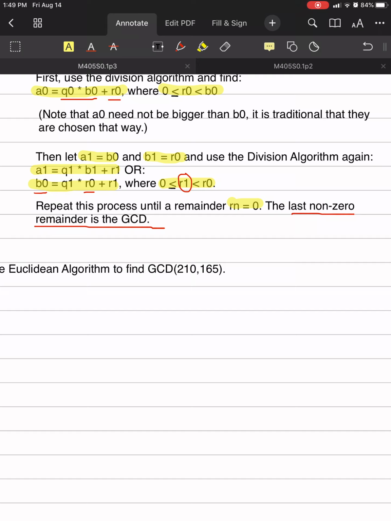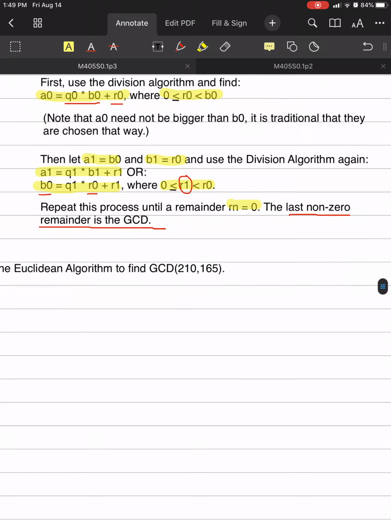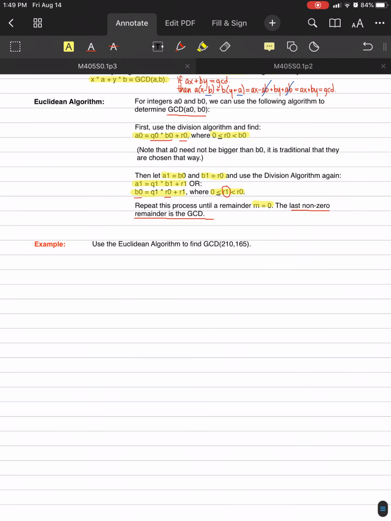That means r sub n minus 1 would have been the GCD. And the way this works, each one of these remainders has to be a divisor of both of the numbers that you started with, just because of the way it works out, and that's why you get that as your GCD. So let's actually do an example of this.